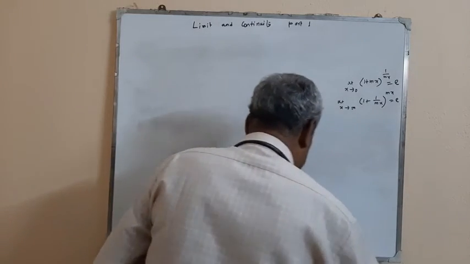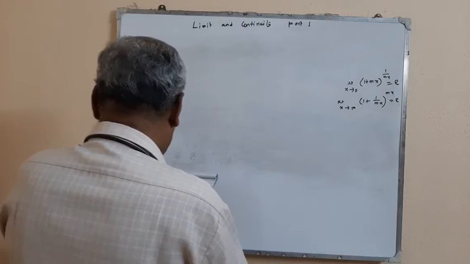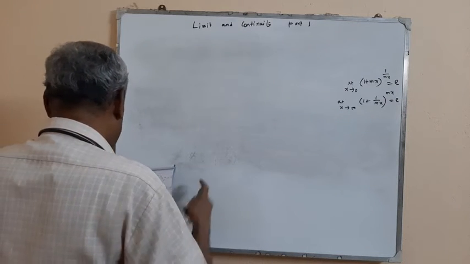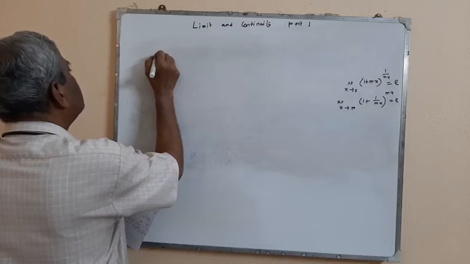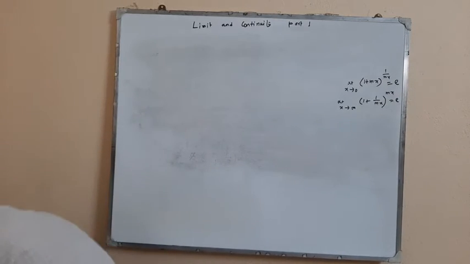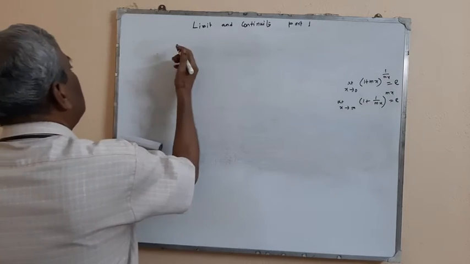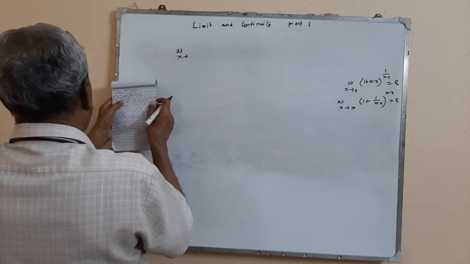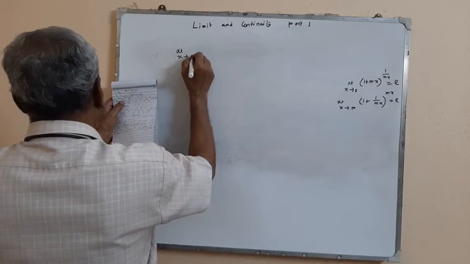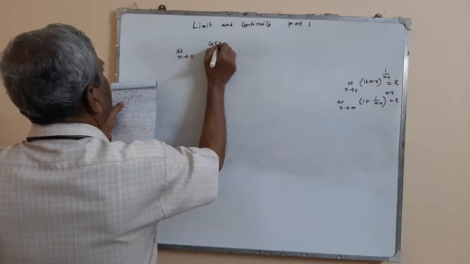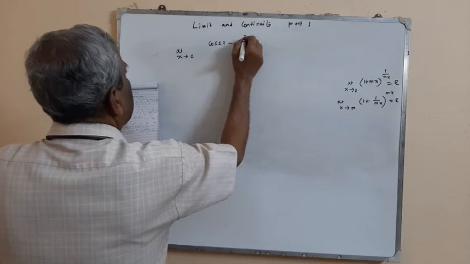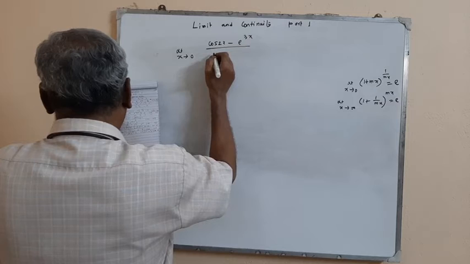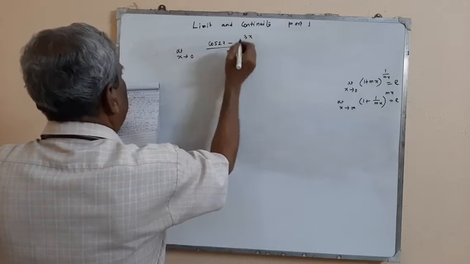First example is: limit x tends to 0 of (cos 2x minus e to the power 3x) by x.